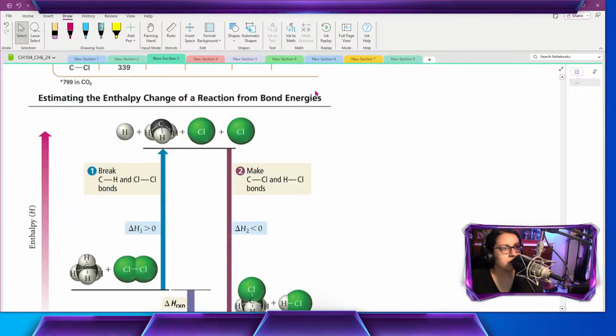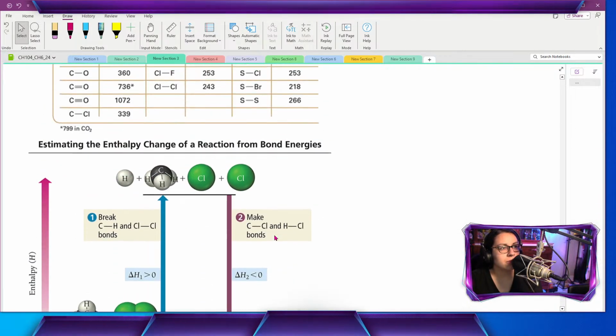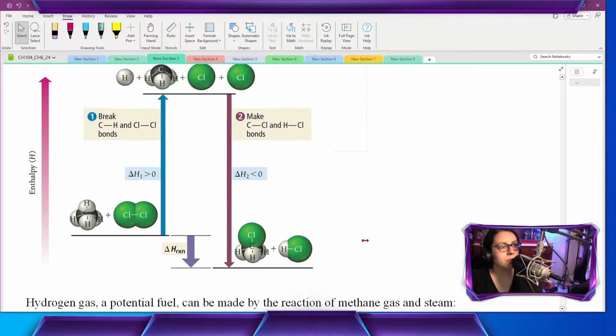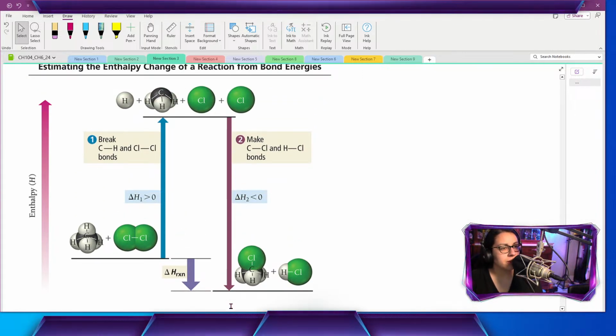All right, so let's go through this first example here. How do we do this? We have to look at the reaction. Now we can actually see our reaction, and I'll rewrite it so it's clear.